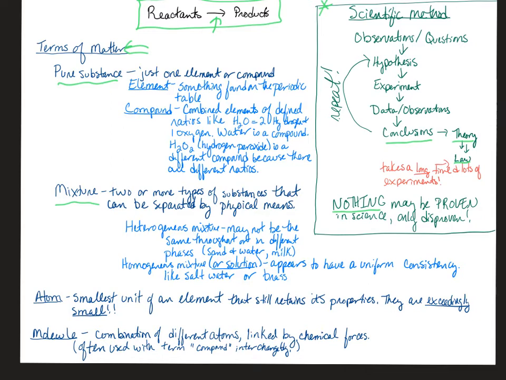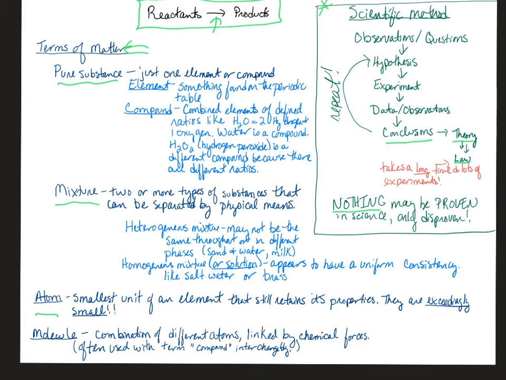That's kind of neat. Okay, I hope we all know what an atom is, but this is basically the smallest unit of an element that still retains its properties. These guys are so small, you can't even really process how small that is, and we'll talk about that as we move on too. And a molecule is a combination of different atoms.